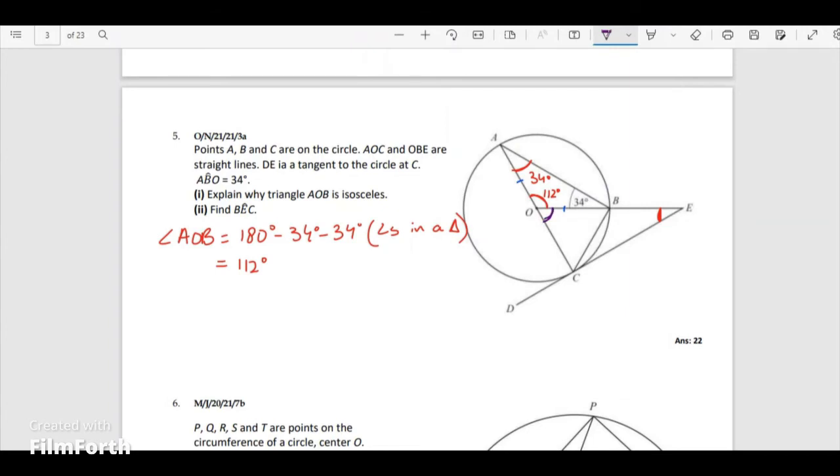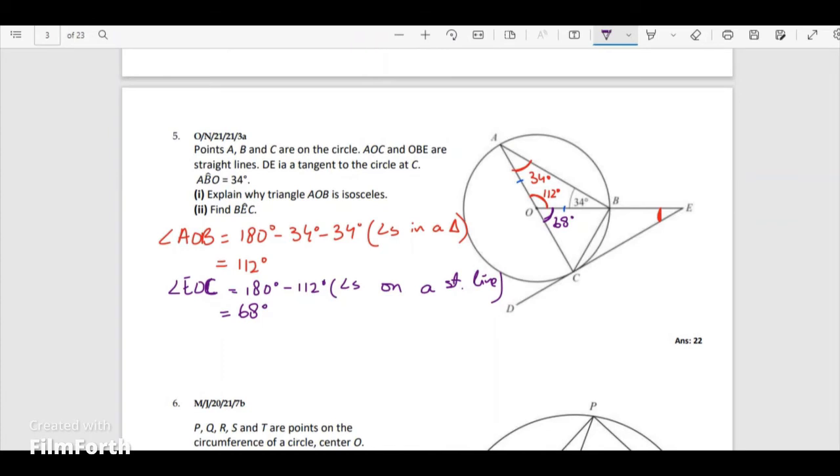If I have to find angle EOC, that would be 180 degrees minus 112 degrees. Why? Because these are angles on a straight line. So if I subtract this, I would get 68 degrees. So this right here is 68 degrees.